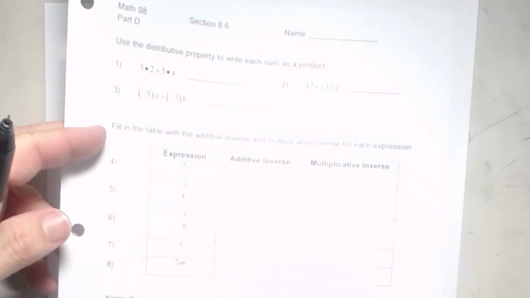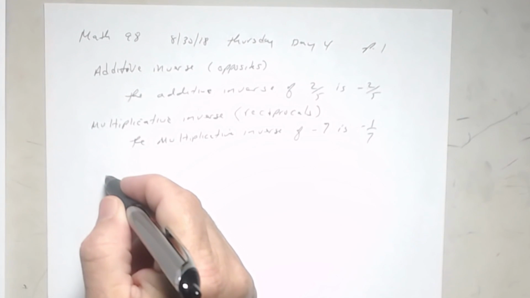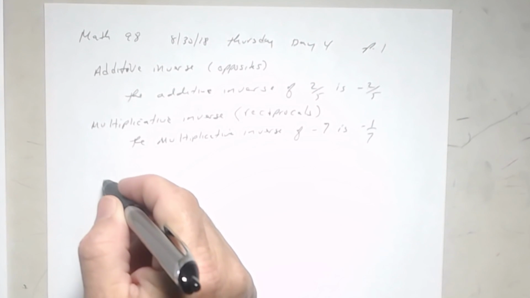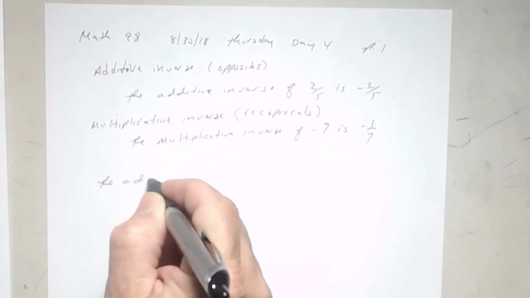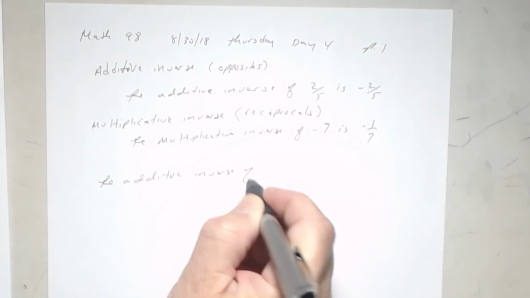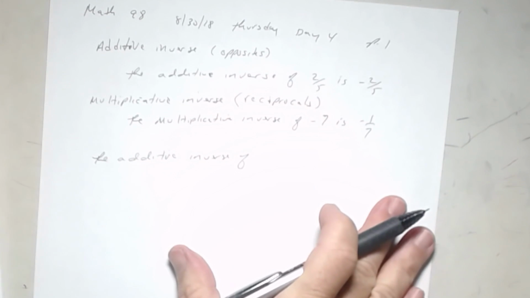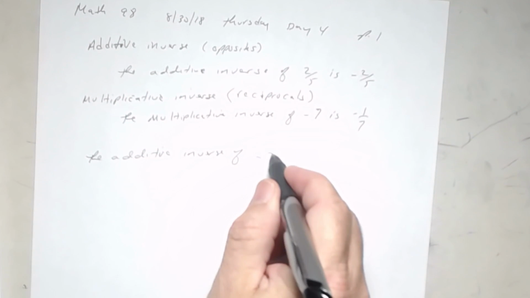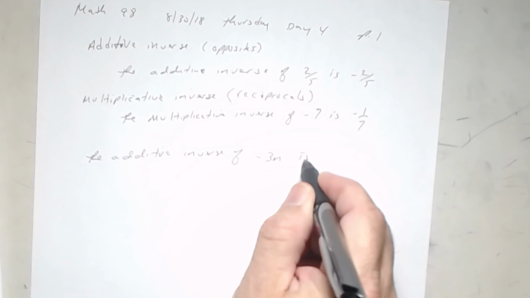All right, so on that worksheet you just got, you should be able to do that box. This right here. So let's look at this though. What is the additive inverse of -3n? 3n. All right, there's 3n.